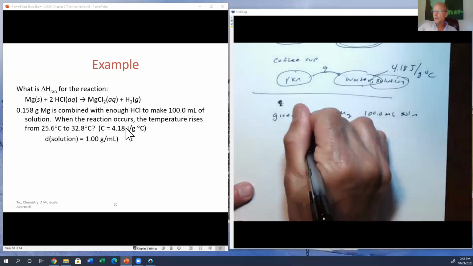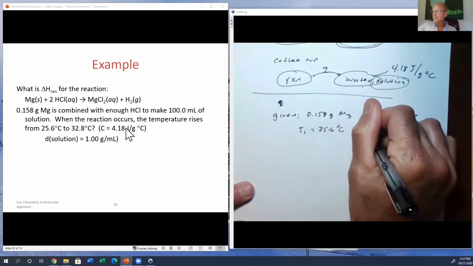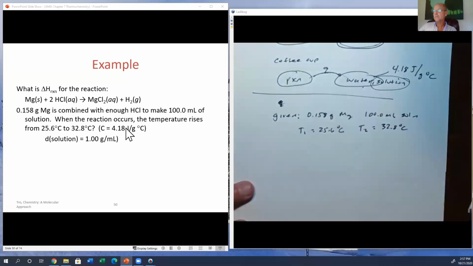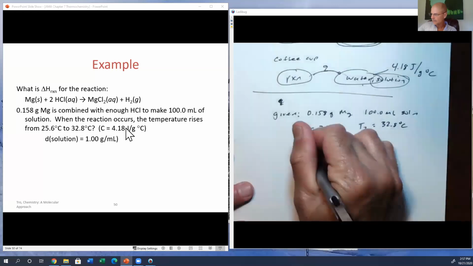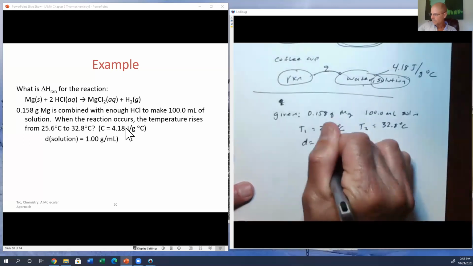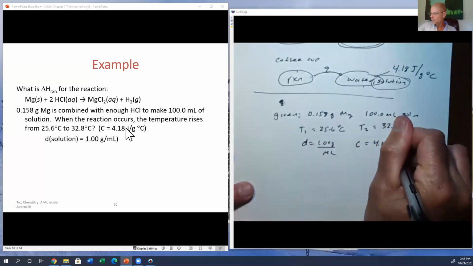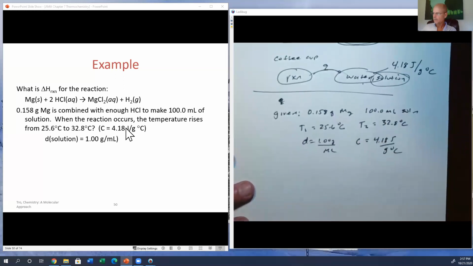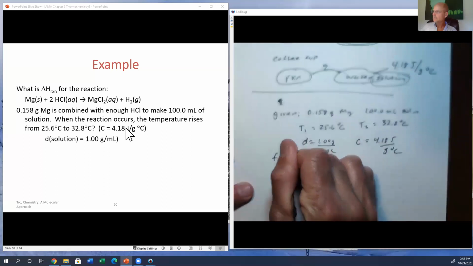And then T1 is equal to 25.6 degrees Celsius. T2 is equal to 32.8 degrees Celsius, right? And the density of the solution is given as 1.00 grams per milliliter, and the heat capacity is given as 4.18 joules per gram degree Celsius, right? And we want to find delta H.